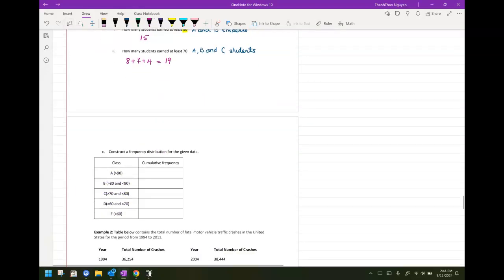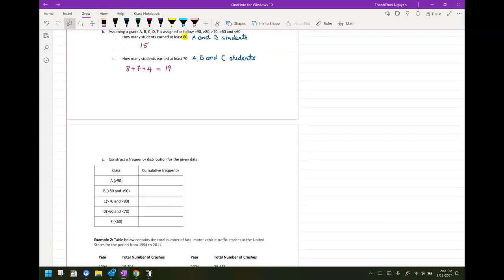The next thing we want to do is construct a frequency distribution for the given data. And let's make a change to our class. This is not quite right. So we have people that earn less than 60, less than 70, less than 80, less than 90, and less than 100.